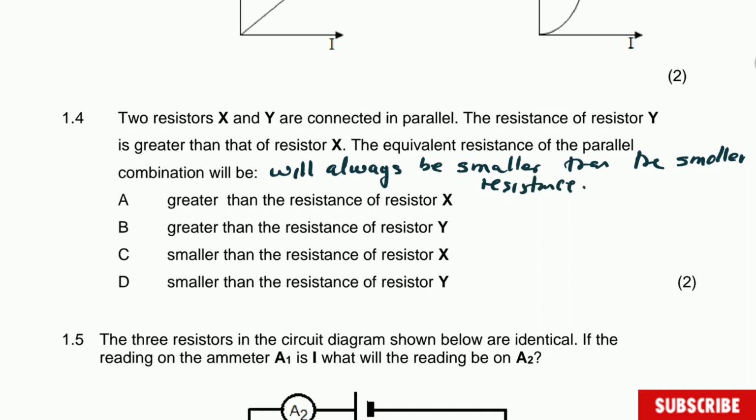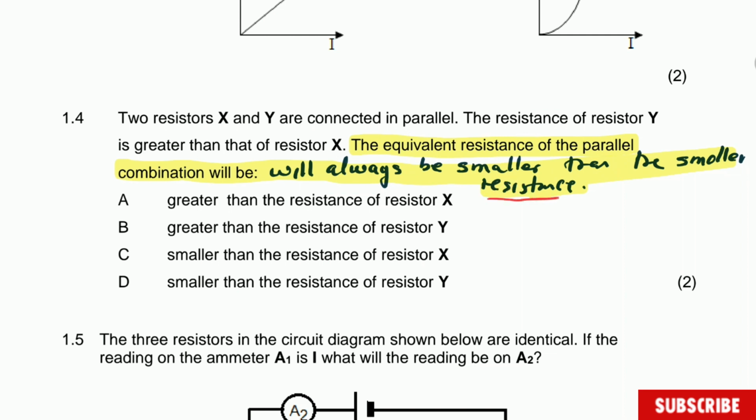I think this is quite an important note to take and write down in your book immediately. The equivalent resistance of the parallel combination will always be smaller than the smaller resistance of the parallel.